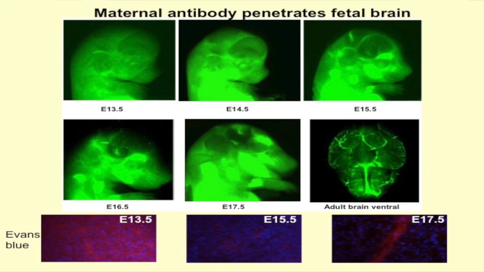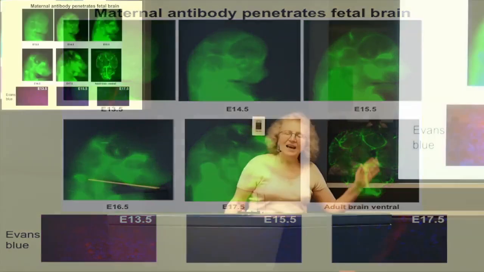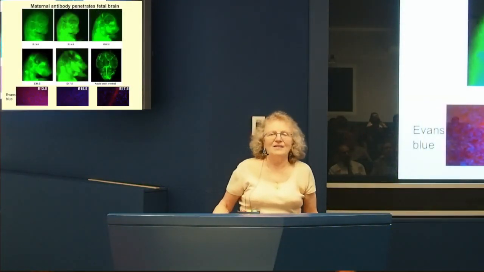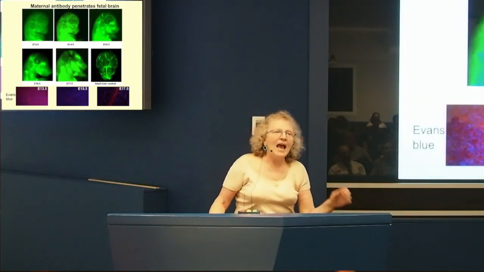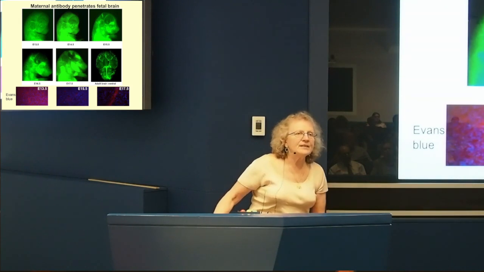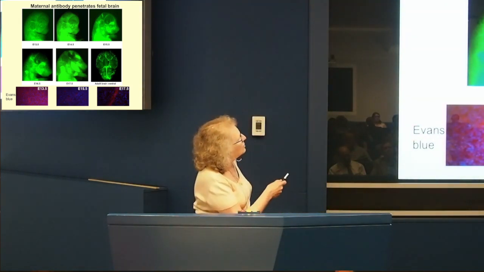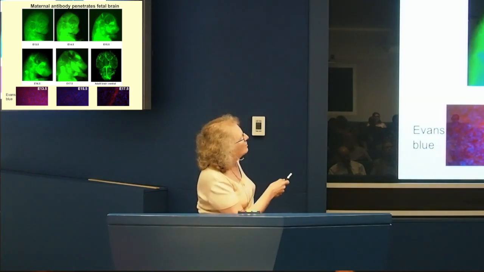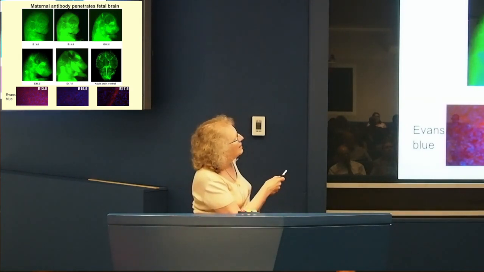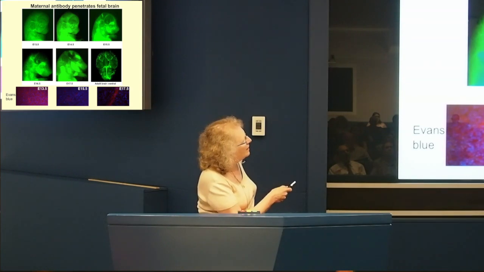What she did was take pregnant mice at various stages of pregnancy and inject intravenously an infrared labeled antibody. What you can see is that in the embryonic day 13 mouse, there's antibody throughout the brain, and you can see the disappearance of that.